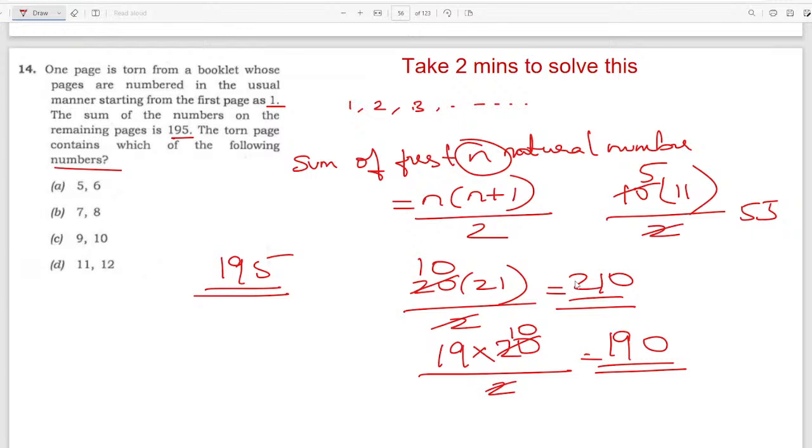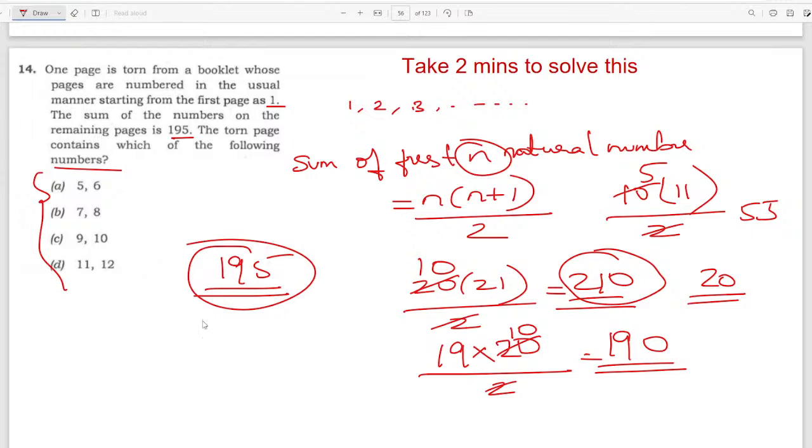So it can have 20 pages. When it has 20 pages, the sum of the page numbers would be 210. And after removing any of these pages, you would get 195. So the difference between these two, 210 minus 195, is equal to 15.